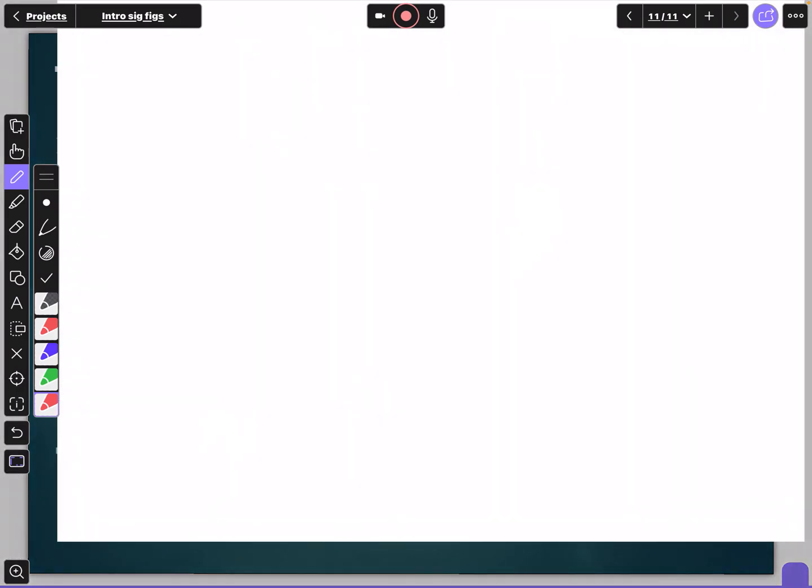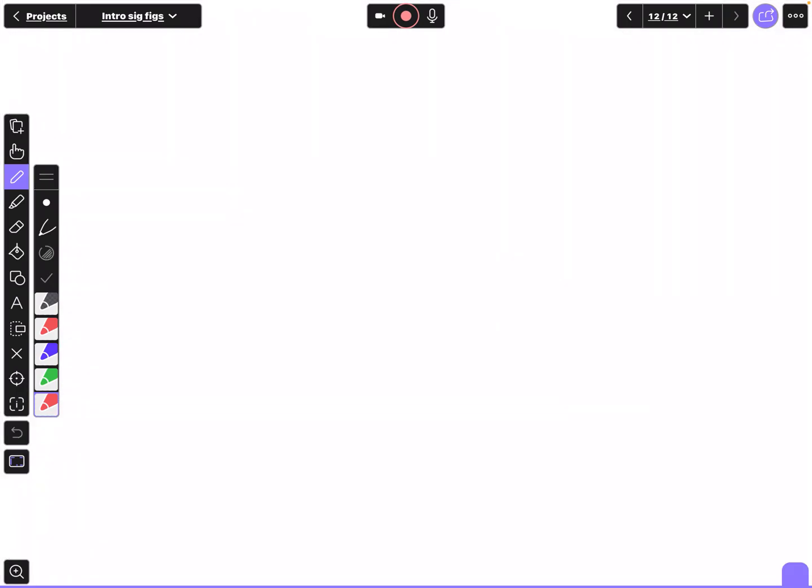So if we look at a couple more examples, if I have 5270, if I have this number right here and I want to put it in the correct number of significant figures, I'll say I want to have 2 significant figures for this one.